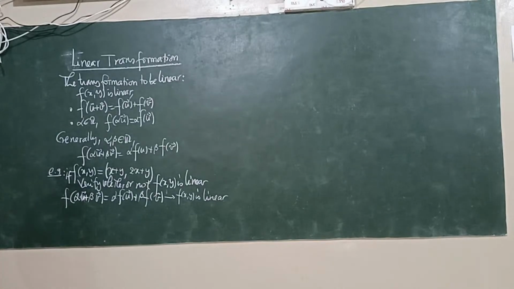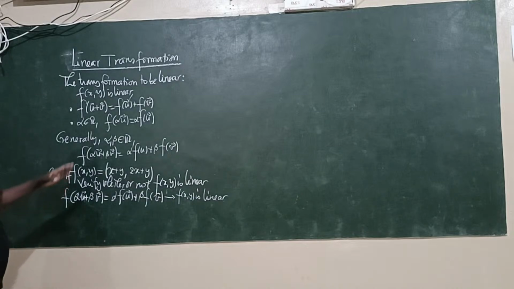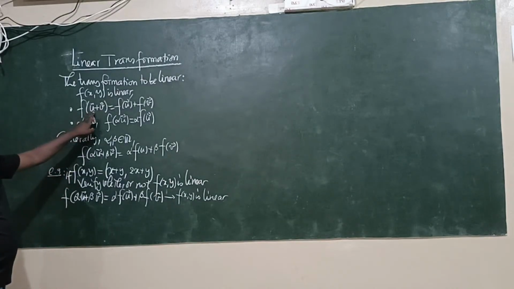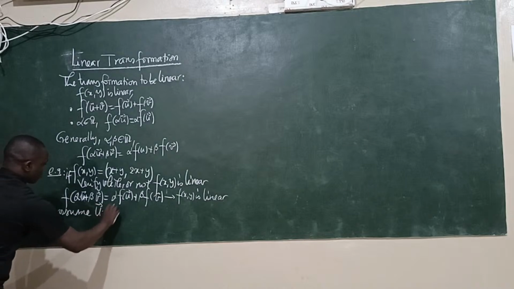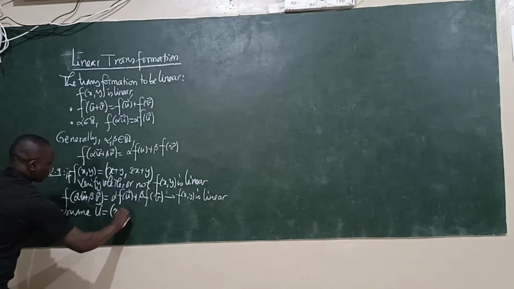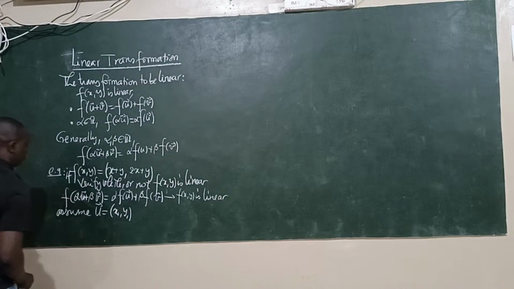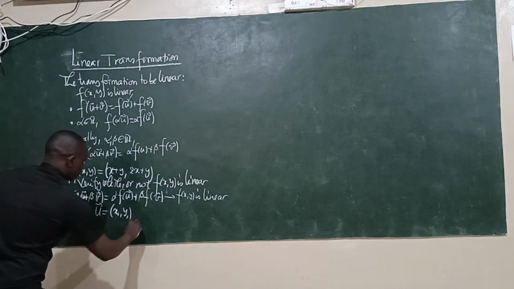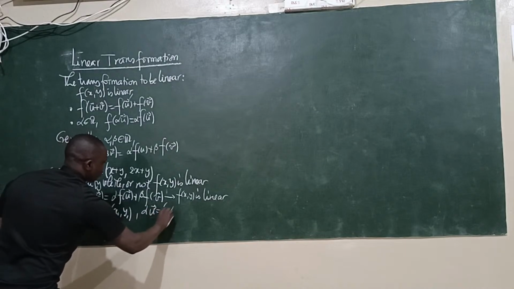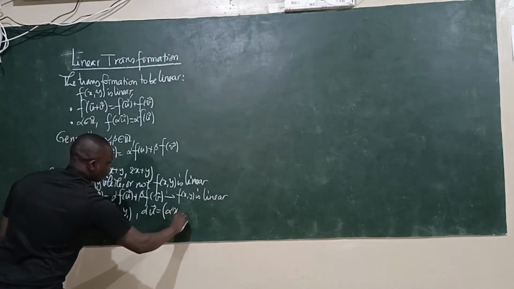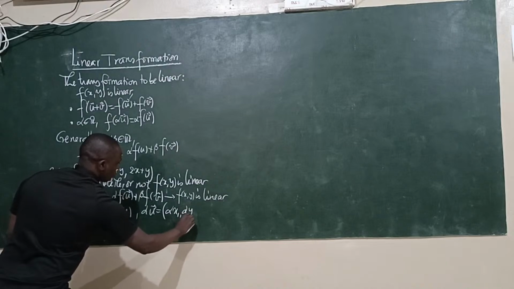Now, let's do how to show this. As I told you in our previous lesson, we assume u to be x1, y1. This means alpha u is going to be alpha x1, comma, alpha y1.